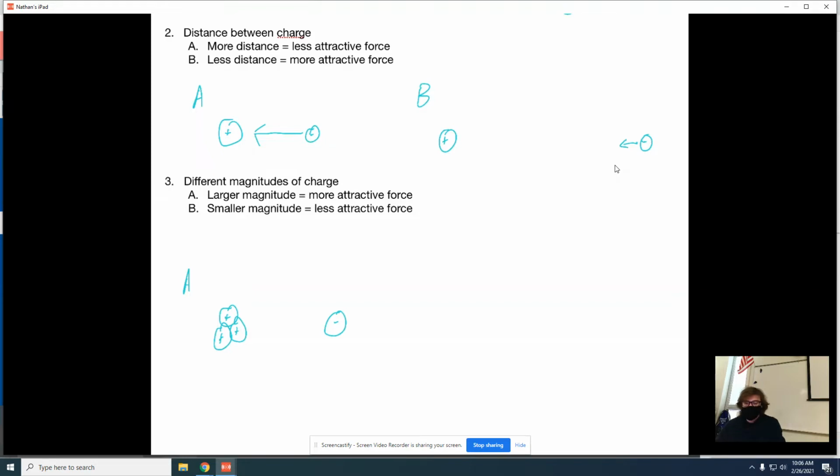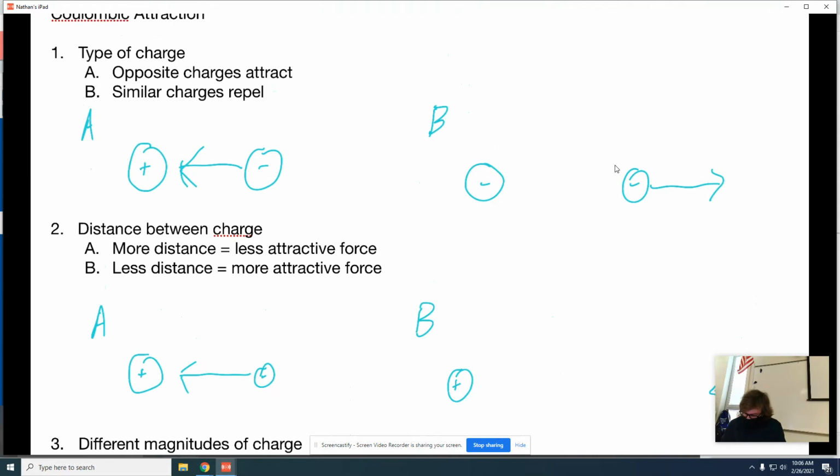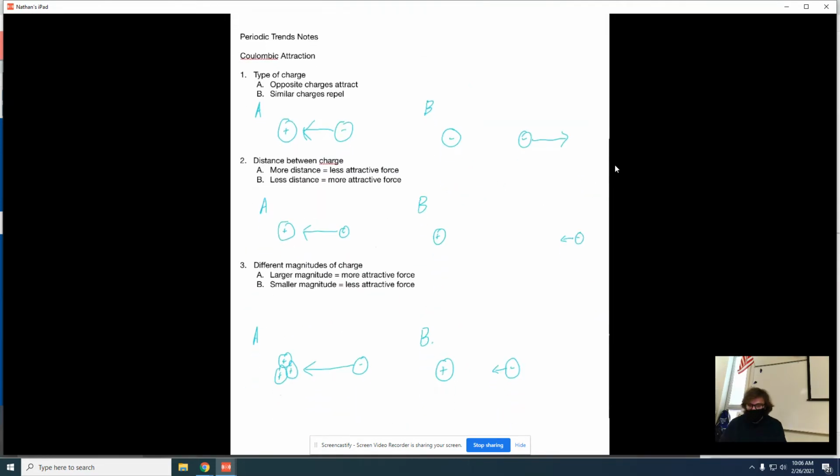All of a sudden, there's three people pulling on this electron. So this would be a really strong attractive force. But if we draw a second example where there's less charge, so now there's only one proton, and my electron is about the same distance away, because there's only one proton pulling on that electron, the force is going to be a lot smaller.